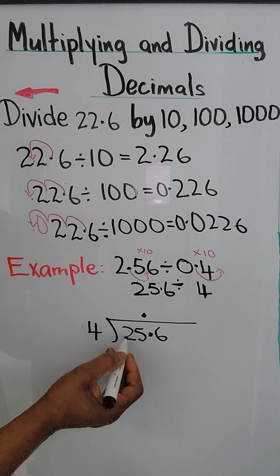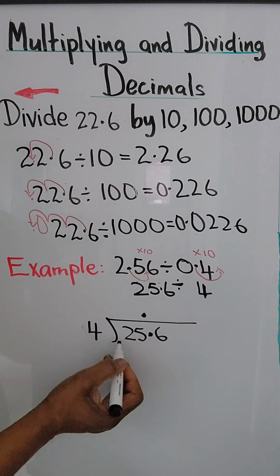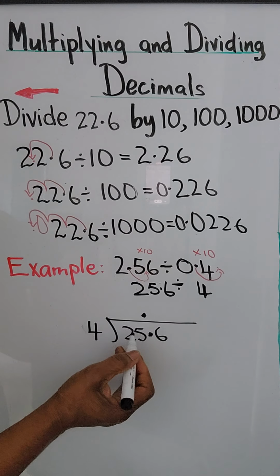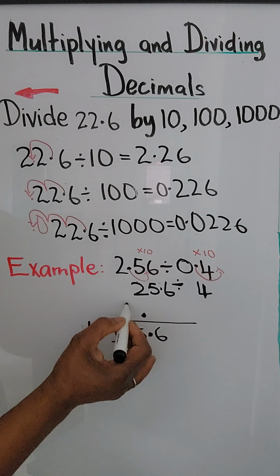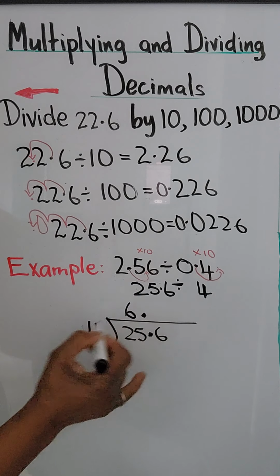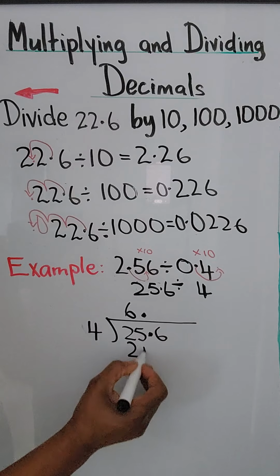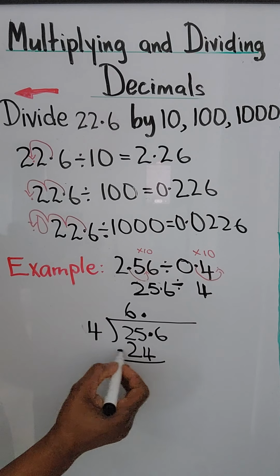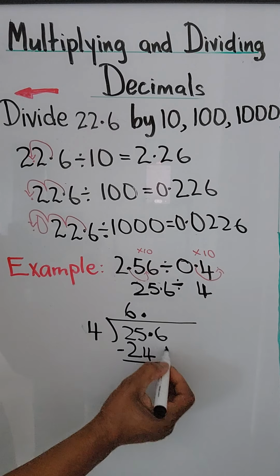How many times can 4 go into 2? No time. How many times can 4 go into 25? 6 times. 6 times 4, 24. Subtract 1, bring down.